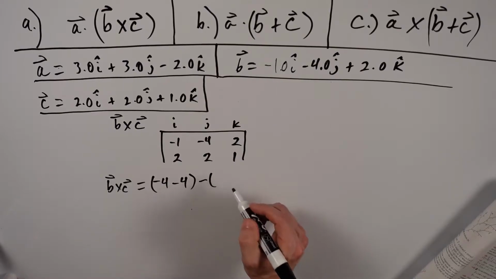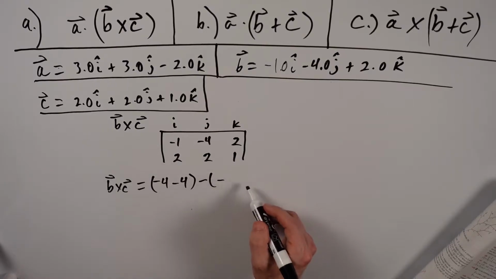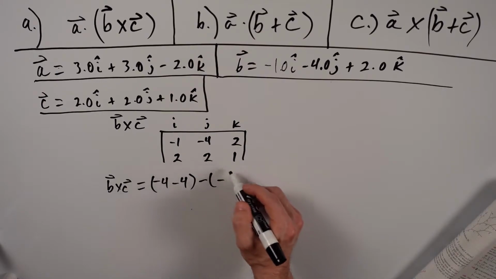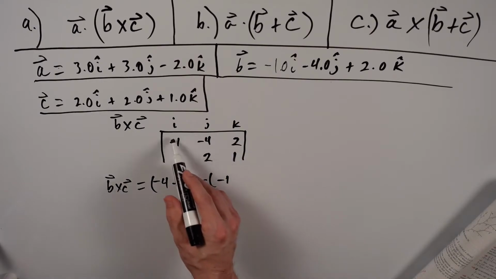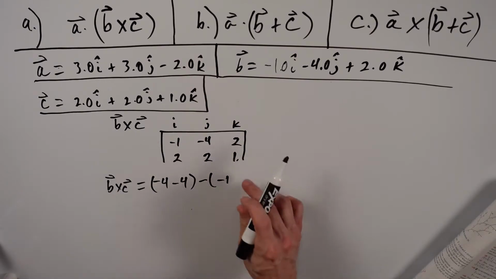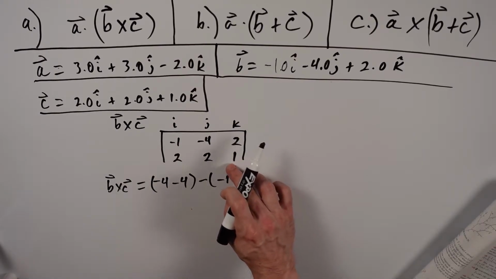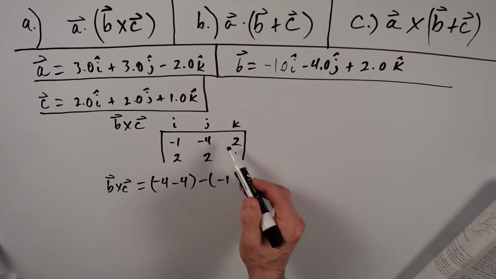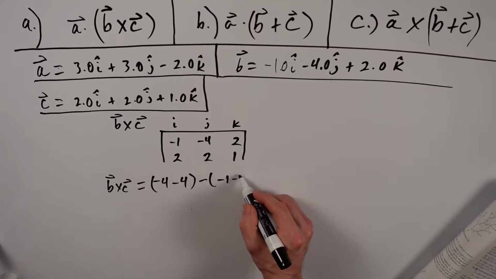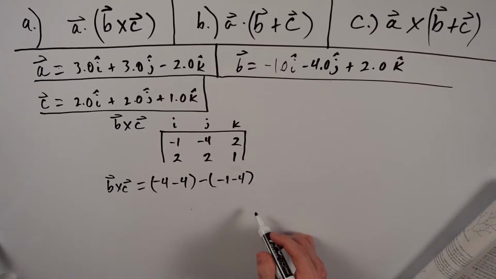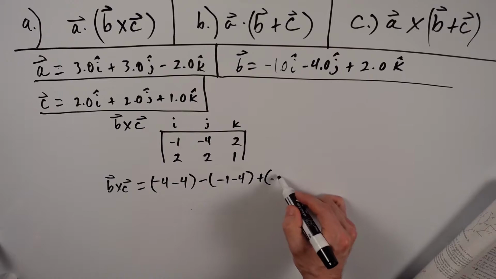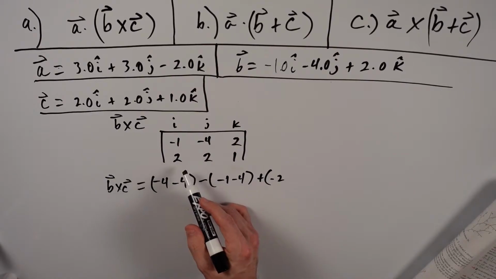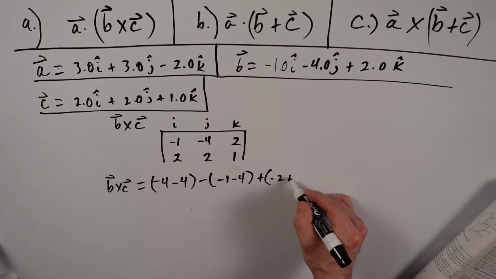Then we go minus, you get -1, and I guess I should write 1, -1, this I times this K, and then this I times this K is 4, so that's -4. And then for the third part, you get -2, minus -8, which is +8.